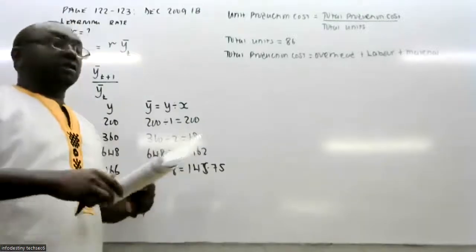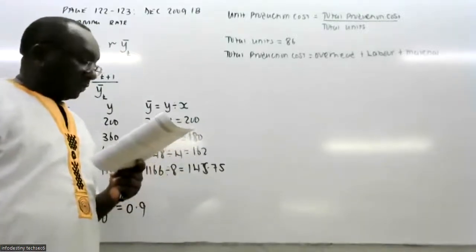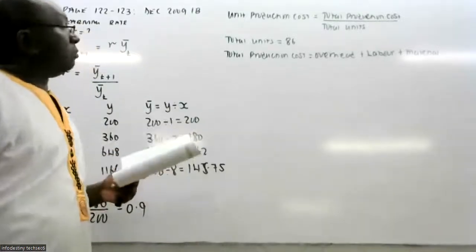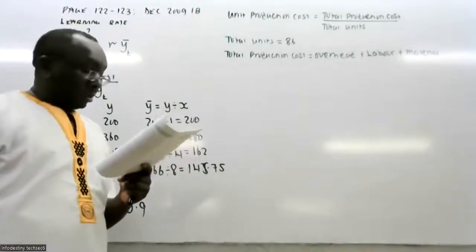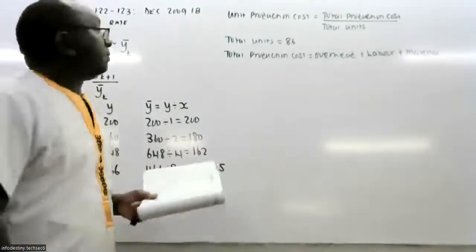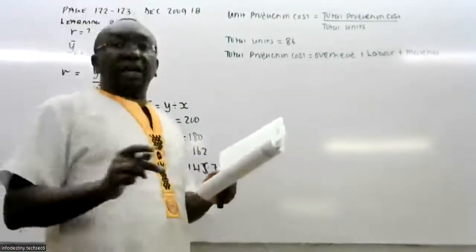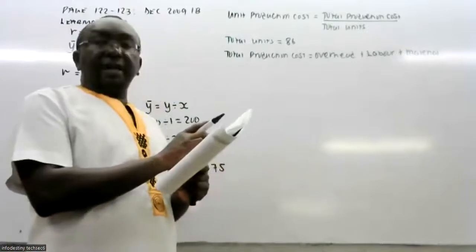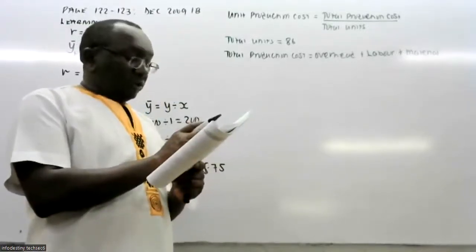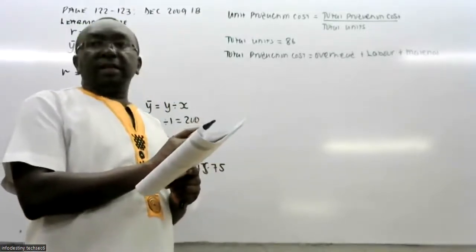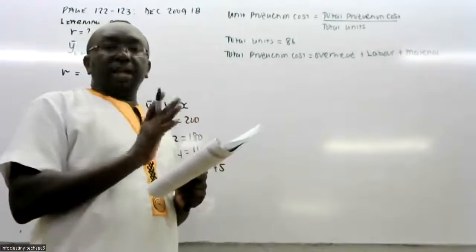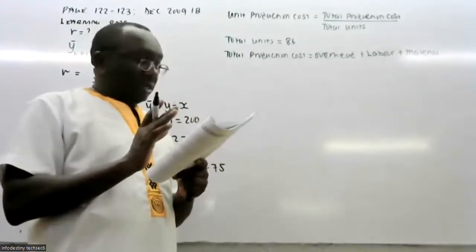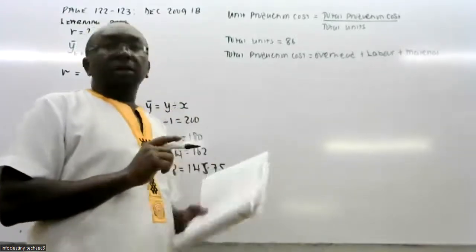So when you have those three makeups, we start looking for them. For the interest of time, overhead is already given there, 150. Material, you can see it is 250 per unit, and we already know the units. So here we need to know the labor cost.